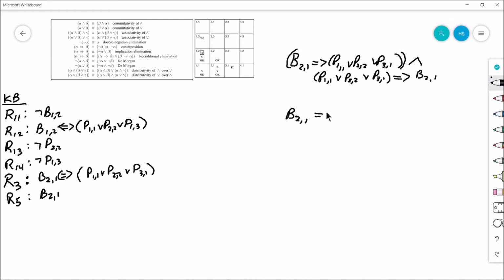B21 implies P11 or P22, that should be P11, sorry, or P31, okay?